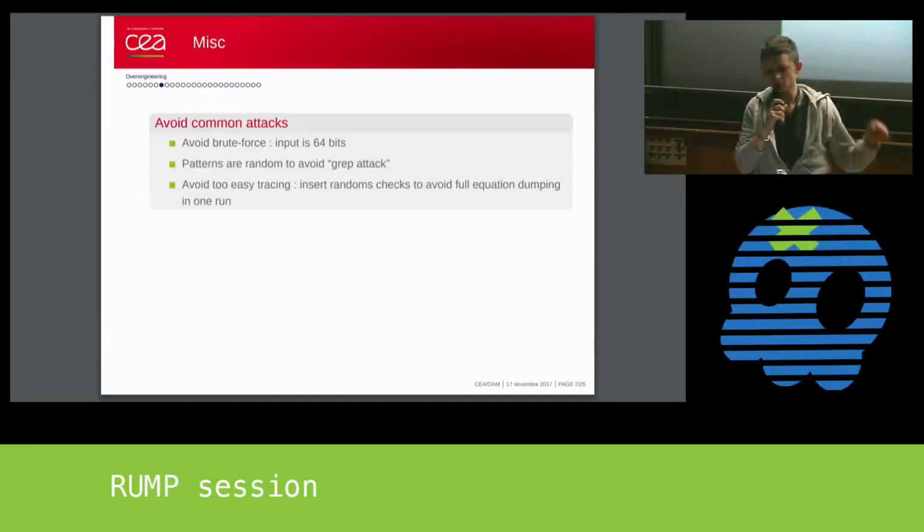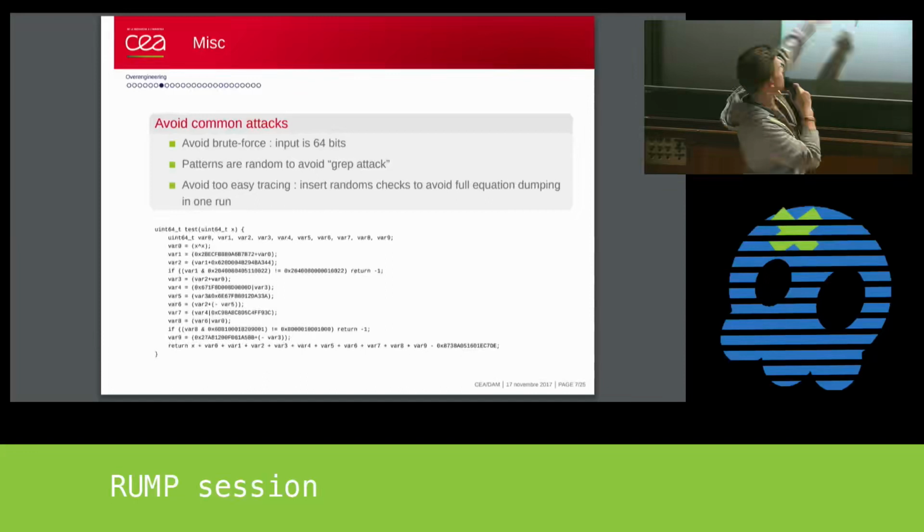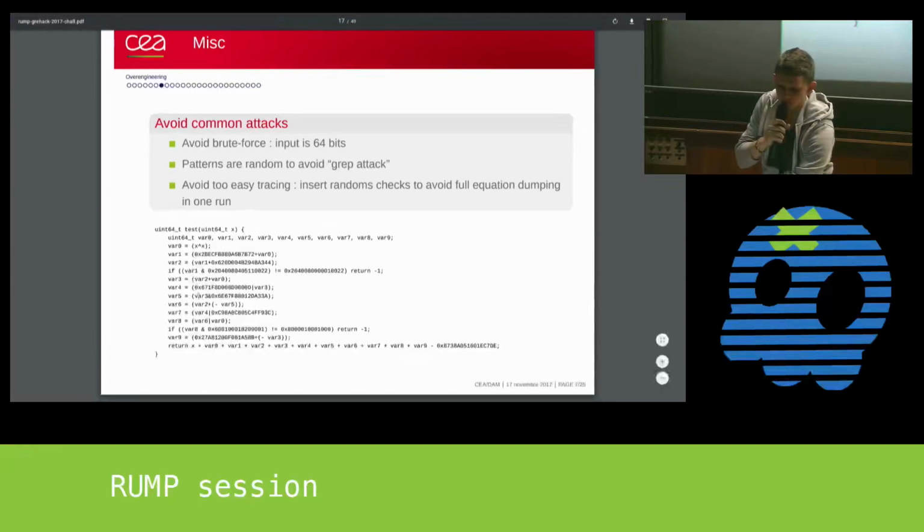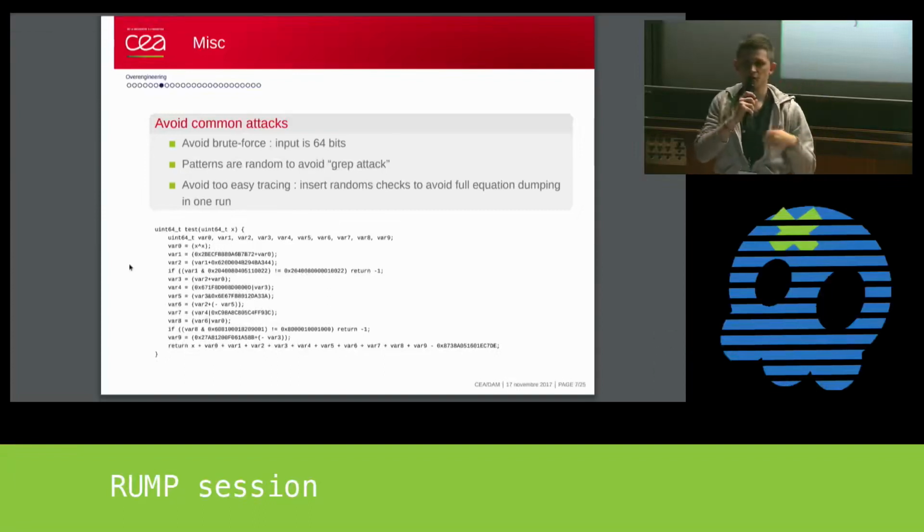So we insert random checks to avoid a full equation dump in just one run. You can see there are some conditions here and here. You check a bit mask, and with a random input, you probably won't be able to go through it.